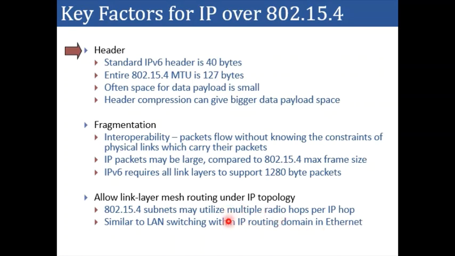We might have one single IP router, and inside that we might have multiple subnets and multiple LANs where the data switching happens. Similar to that, we can configure the 802.15.4 subnets so that we can utilize the hopping capability.